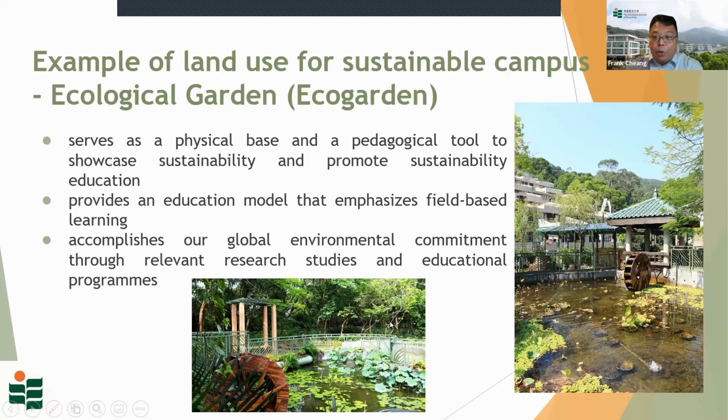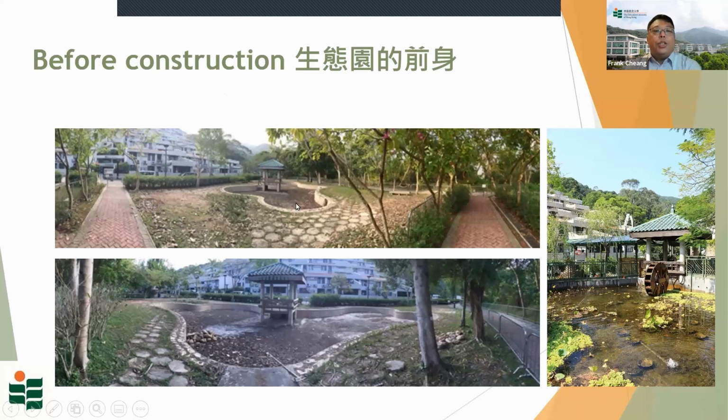And this is a photo showing what you can see now in the eco garden. But in the past, it was something like this. It was originally a so-called temporary storage pool or tank for surface runoff. That means if there was heavy rain, it served as a temporary reservoir to prevent landslides in this area.